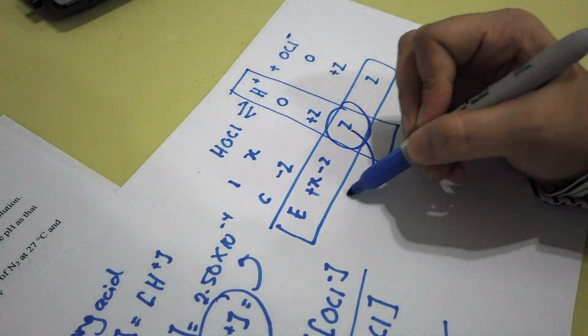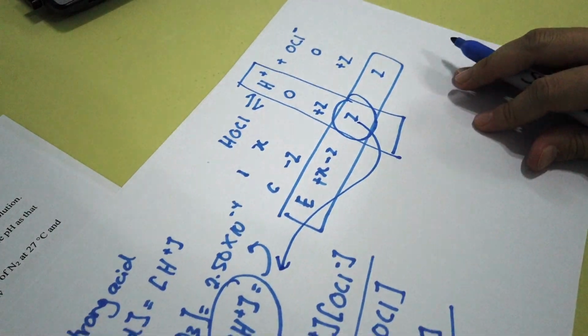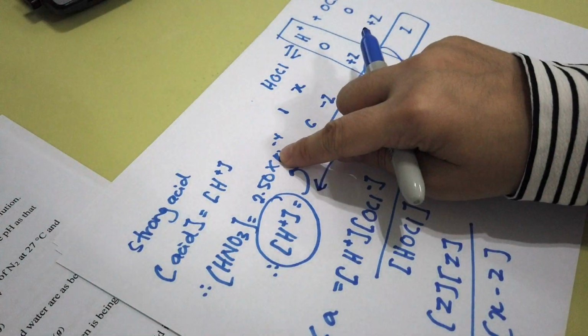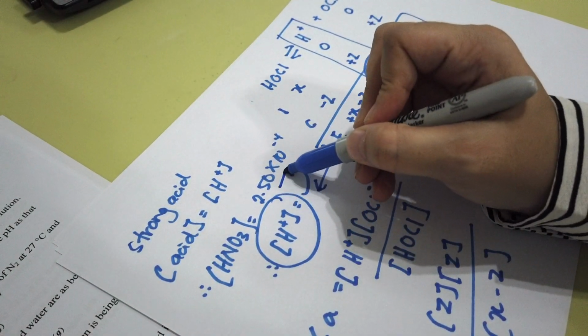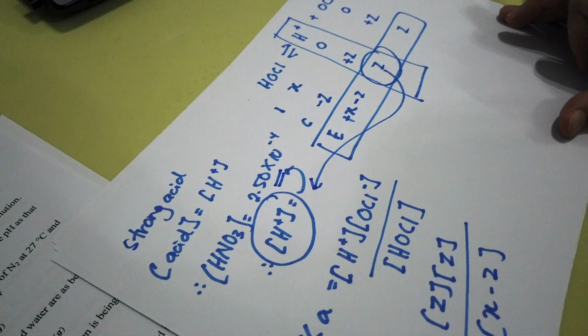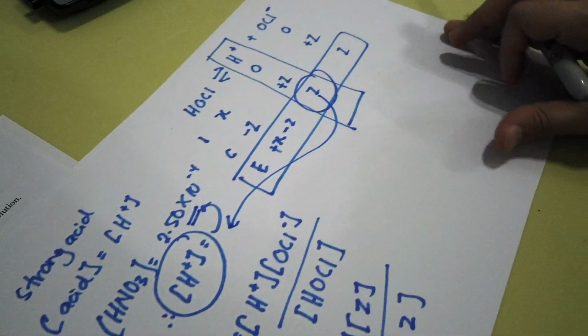Therefore, we can use the value of Z equivalent to 2.50 times 10 to the power of negative 4.